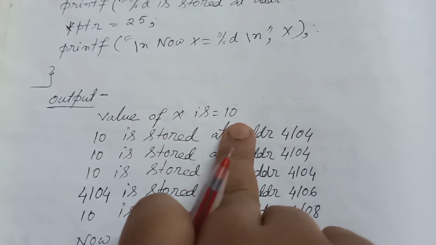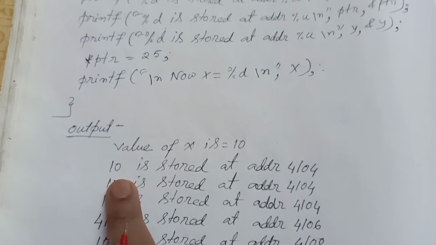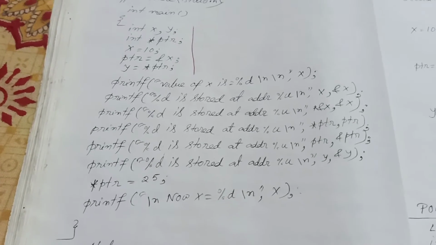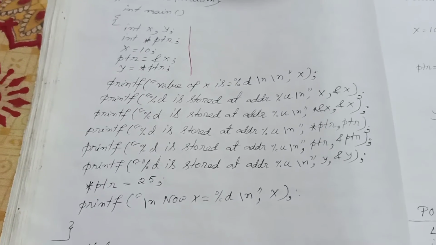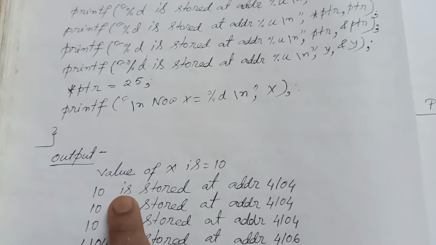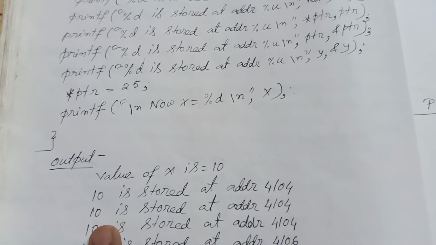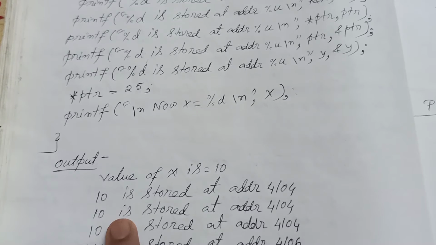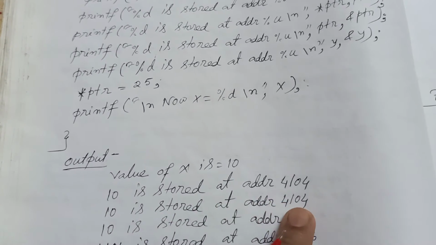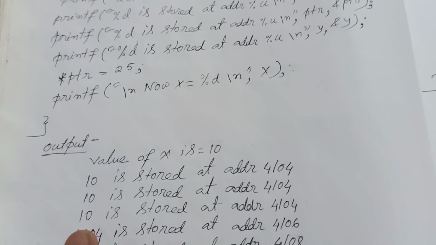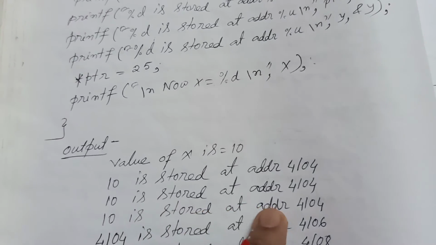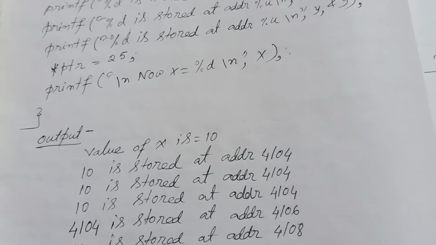We are getting value of x equal to 10. Okay, so 10 is stored at the address 4104. From the next printf, 10 is stored at the address 4104. 10 is stored at address 4104.